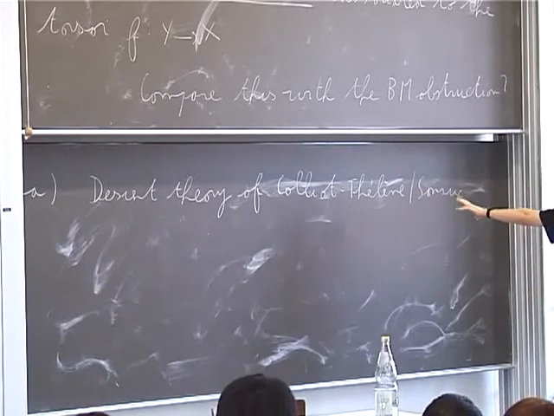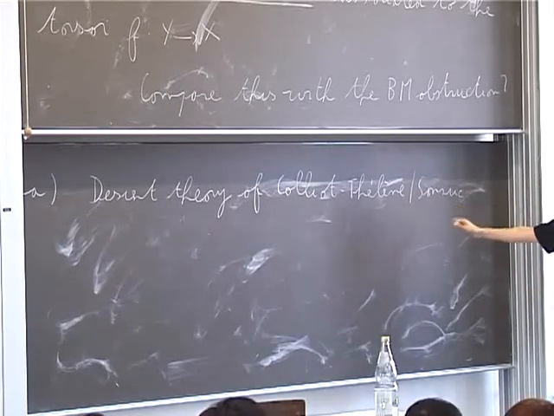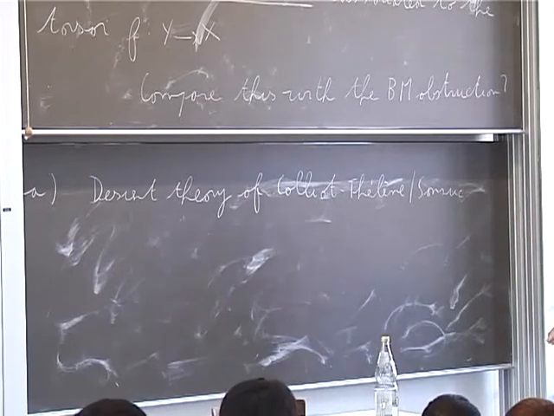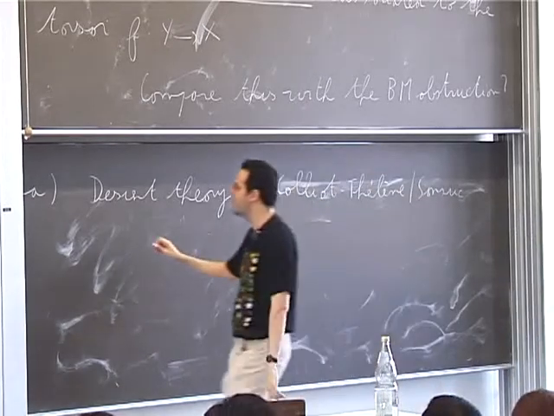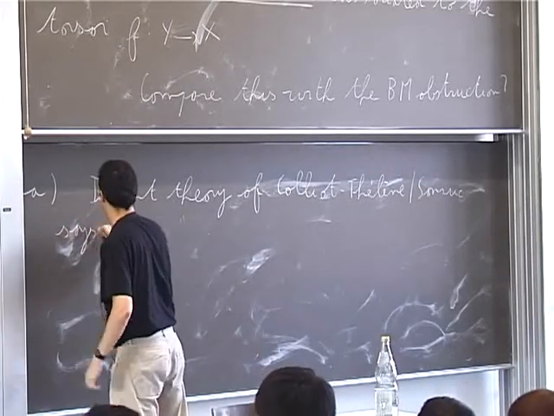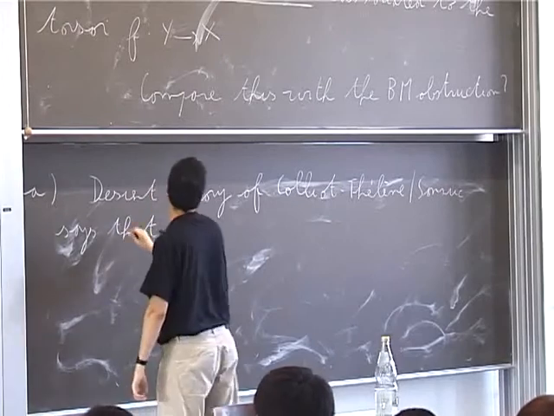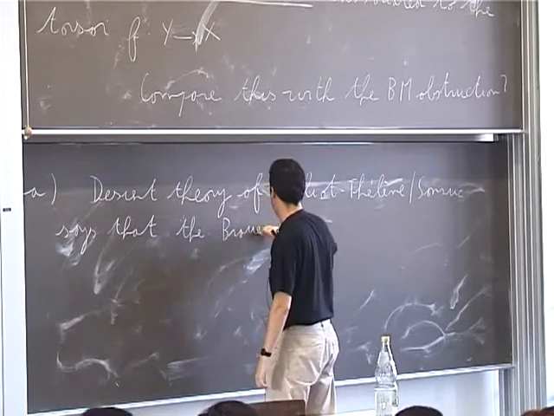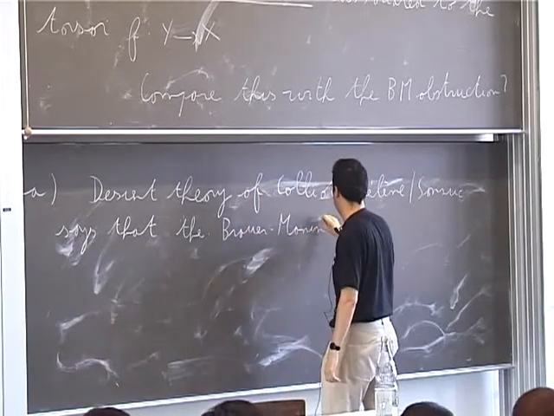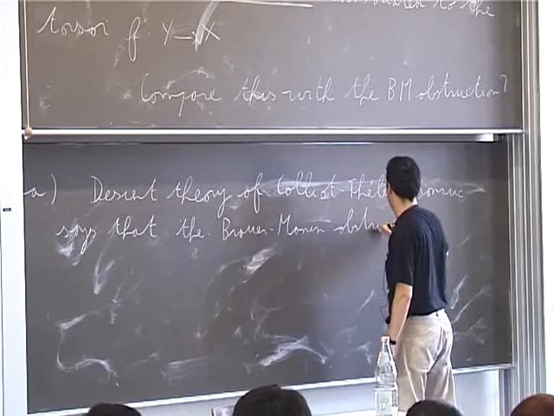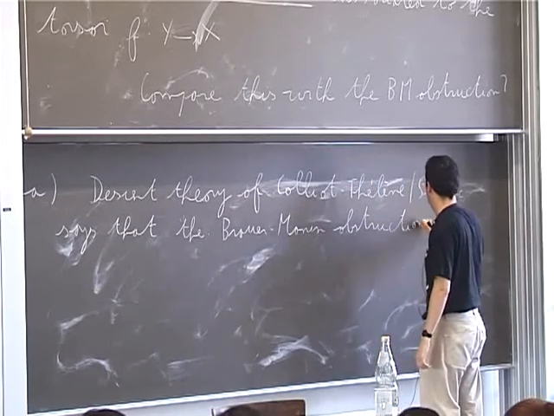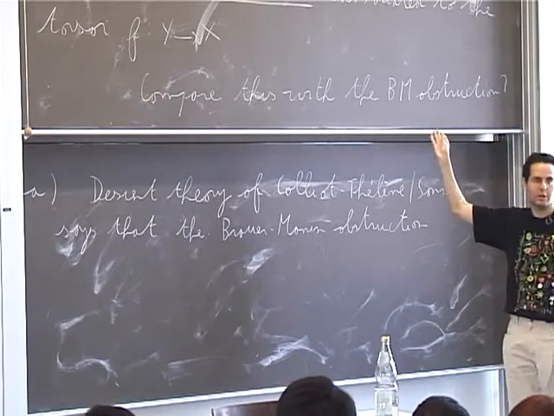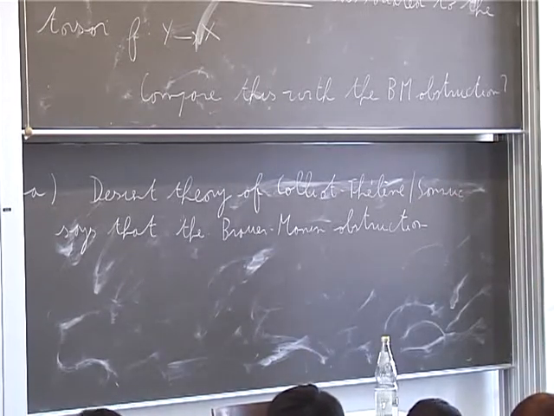And this theory was refined by Skorobogatov because Colliot-Thélène and Sansuc deal with the case of a torus, and this was extended to any group of multiplicative type by Skorobogatov. So this theory says that the Brauer-Manin obstruction essentially is equivalent to all descent obstructions associated to groups of multiplicative type.